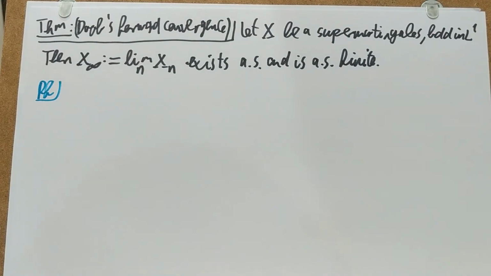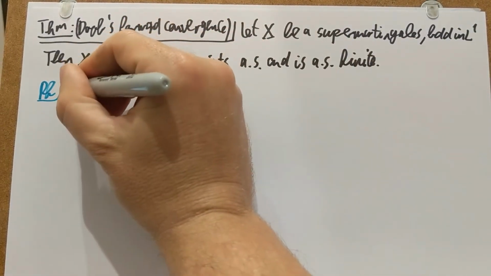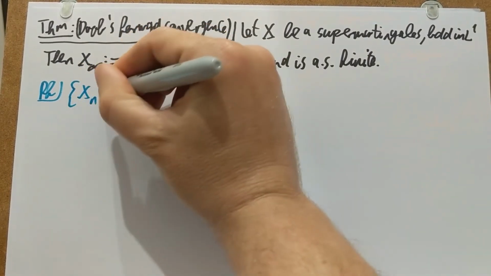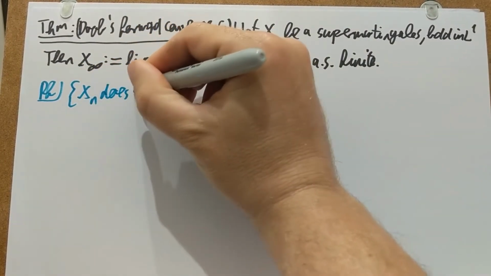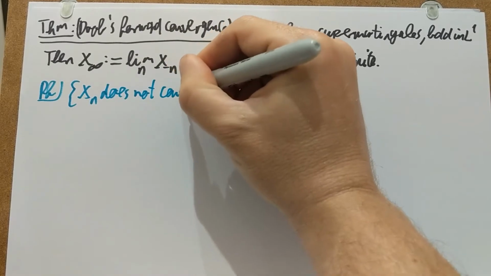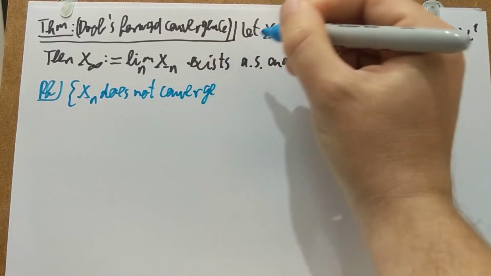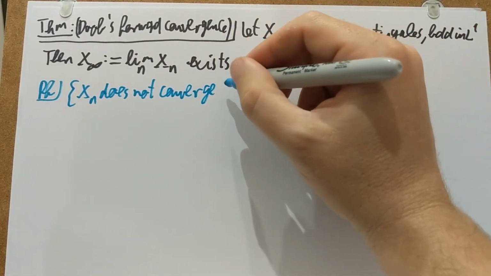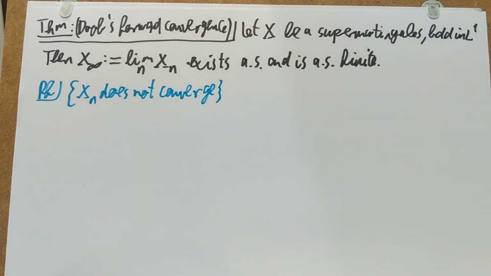Okay, let's do a proof of this, and the proof is quite nice and uses this corollary. So I want to start by contradiction. I want to look at this event that xn does not converge. I want to show that this has probability 0. At this moment, I don't want to specify where it does not converge to.